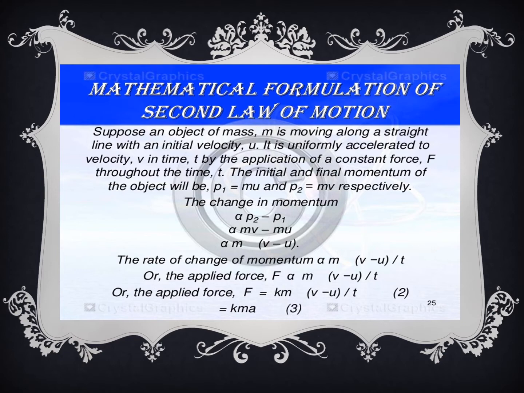In the second case, the final momentum is represented by P2, that is mass into final velocity. So the mass is represented by m and final velocity is represented by v.